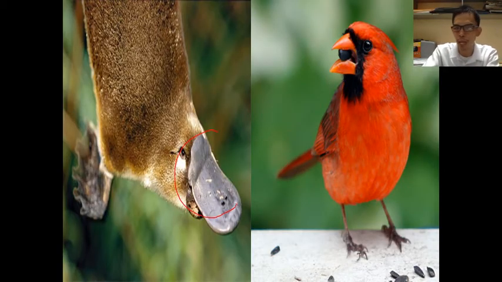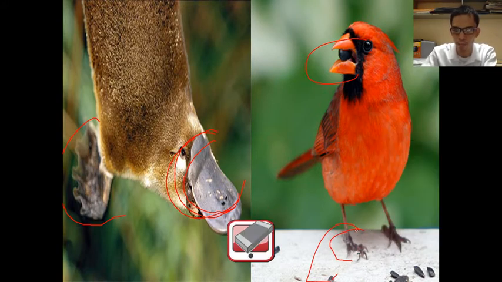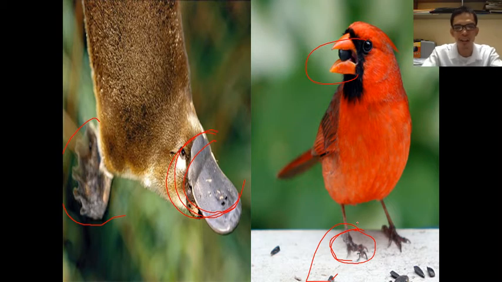Next one. The duck-billed platypus and the bird. Both of them have beaks, and their feet are webbed. And it also has scales. So that's their similarity.